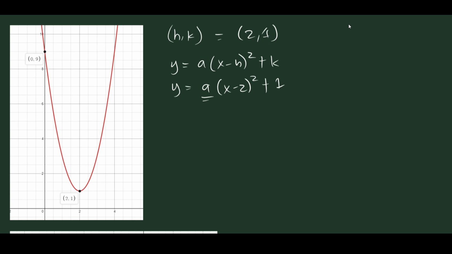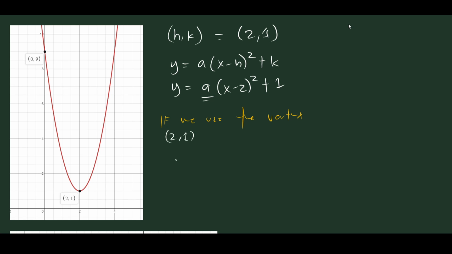So how do we know the value of a? We need to use another point other than the vertex, because if we use the vertex, as you can see, let's just demonstrate it here. Let's say we have (2, 1), which is our vertex.